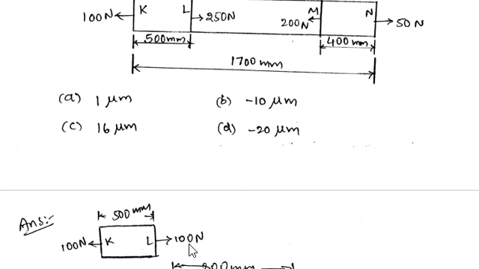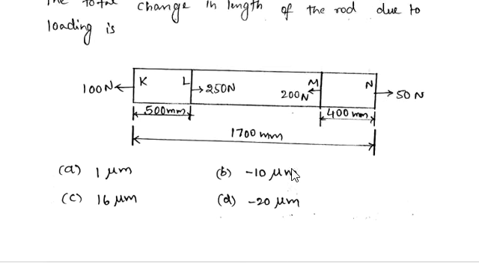So on the other end, you will get 100 newtons. So if it is towards the left, it is towards the right. So that is our technique to be followed for locating the loads on the free segments. So first is 100 newtons. So it is a free body diagram. It is balanced here.